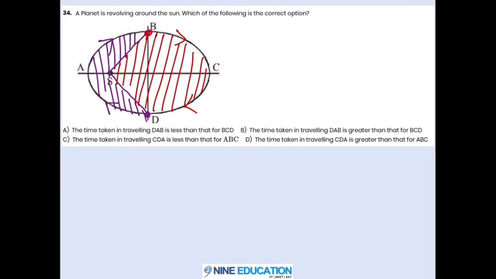Now tell me which area is greater. The red area is greater. And you know that areal velocity is the same. Therefore, the greater the area, the more time it takes to cover that area.